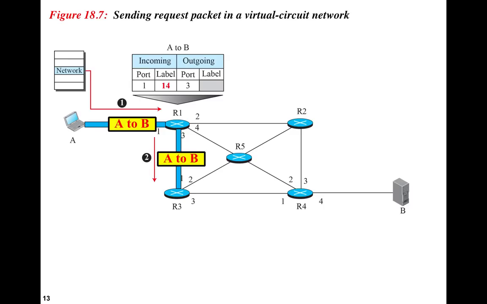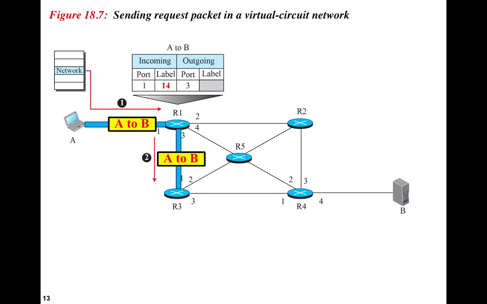However, we don't know the label yet for the outgoing packet because this will be established by the receiving router. For example, R1 is the receiving router for the packet that comes from A, and R1 assigned it a label 14. Similarly, the packet is now going to go to R3.